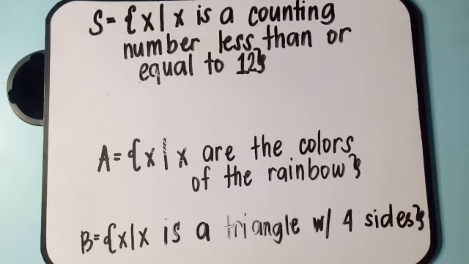Okay, let's have the first set, which is the set S. Set S is the set of X such that X is a counting number less than or equal to 12.